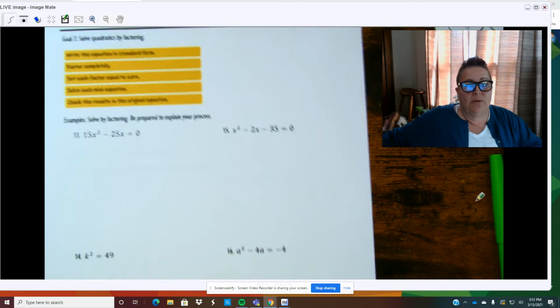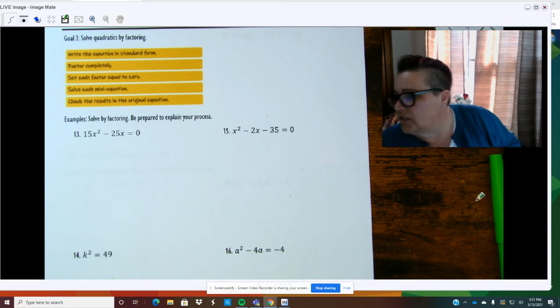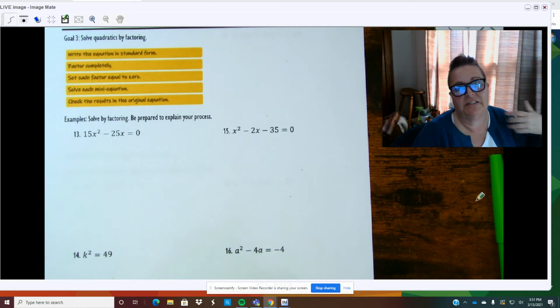Okay, so we are going to kick this up even one place higher, and we are going to start solving equations by using this factoring. So we're going to use this idea of the zero product property to solve our equations, right?